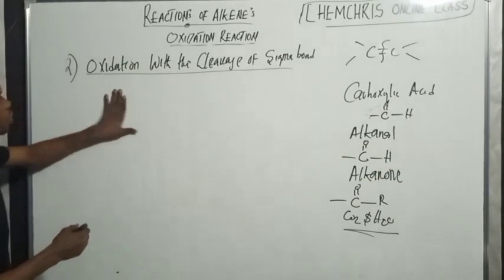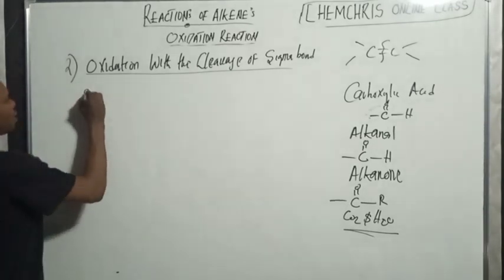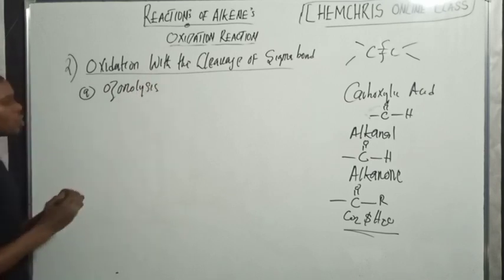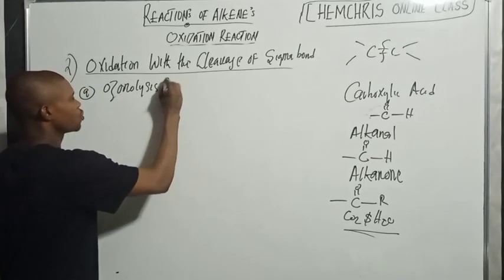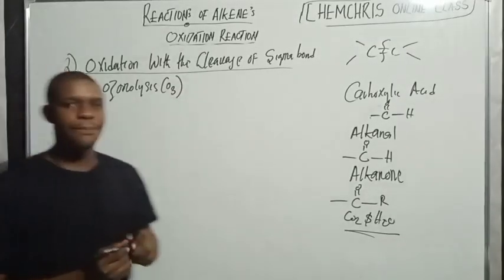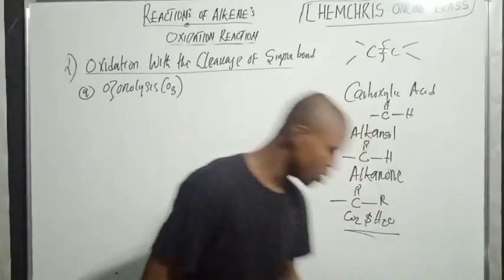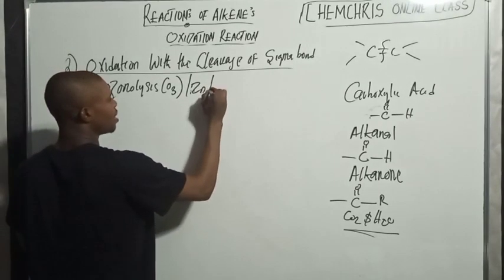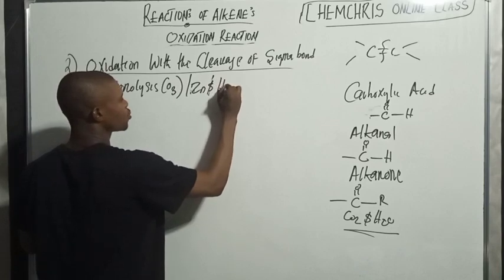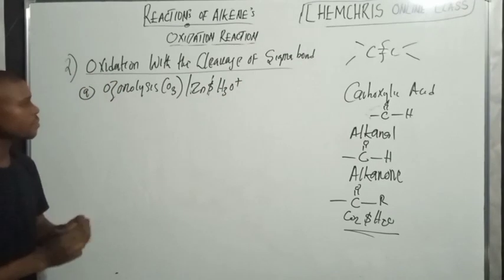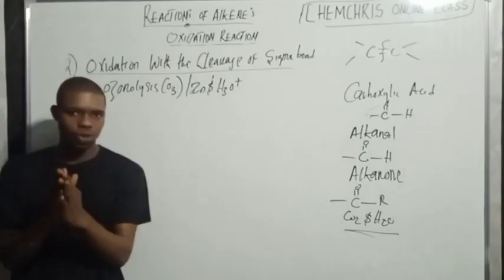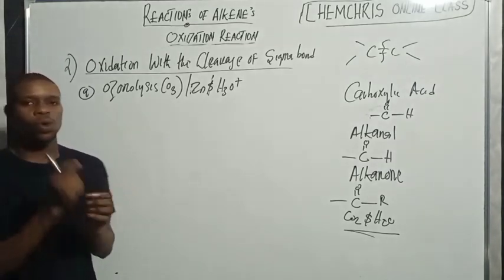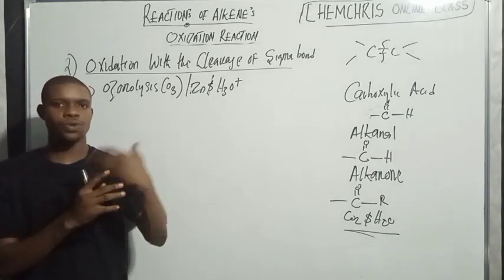The first one is called ozonolysis. That means ozone. In place of zinc metal and a strong acid. Ozonolysis, that is, when an alkene reacts with ozone, it's called ozonolysis.